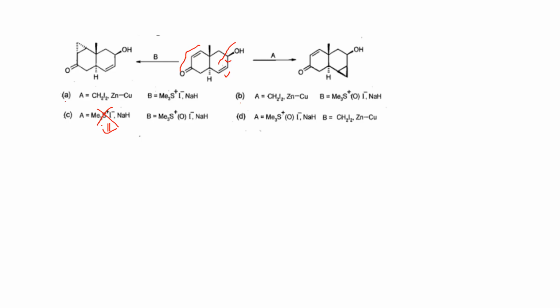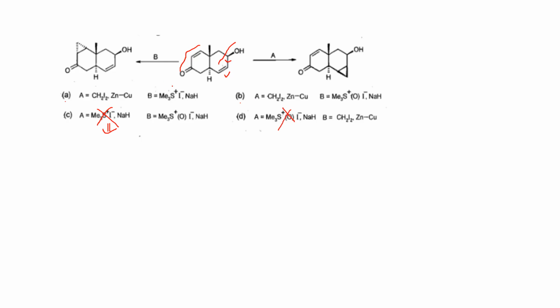They do not react with a simple double bond. If they react also, that will give an epoxide, not a cyclopropane. So these two are eliminated. And this is also not, because this only reacts with the alpha beta unsaturated double bond. So this is also cut. The correct option will be among A and B.